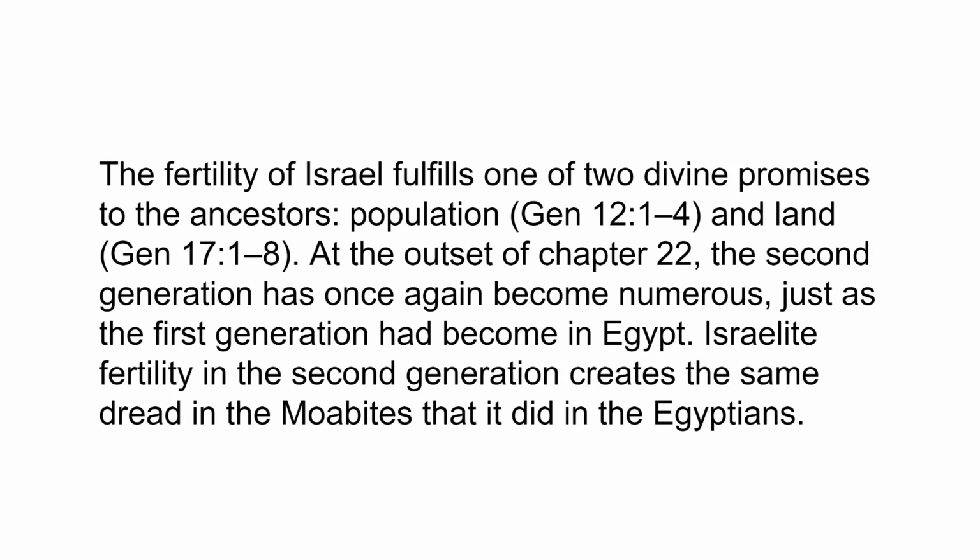At the outset of chapter 22, the second generation has once again become numerous. So just as the first generation had become in Egypt, the Israelites' fertility in the second generation creates the same dread in the Moabites that the first generation had created in the Egyptians. There's so many of them, they will overrun us.